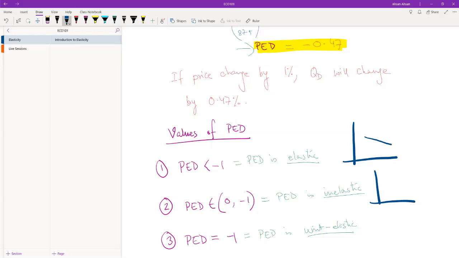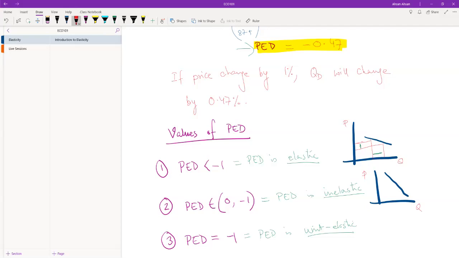And if PED is inelastic, we have a case such as this. Something like this. So we have Q here, P here, Q here, P here. And what we see is that a small change in price leads to a large change in QD.